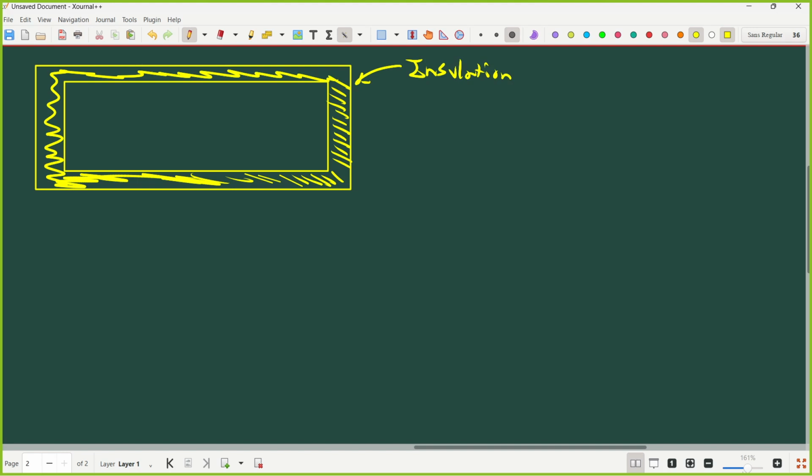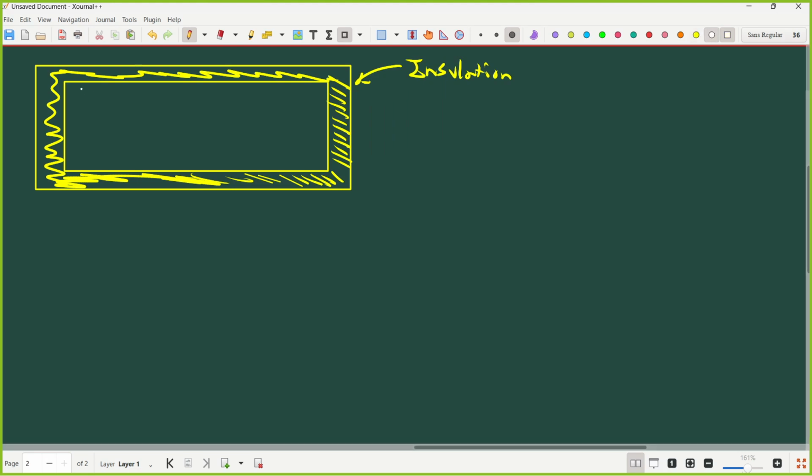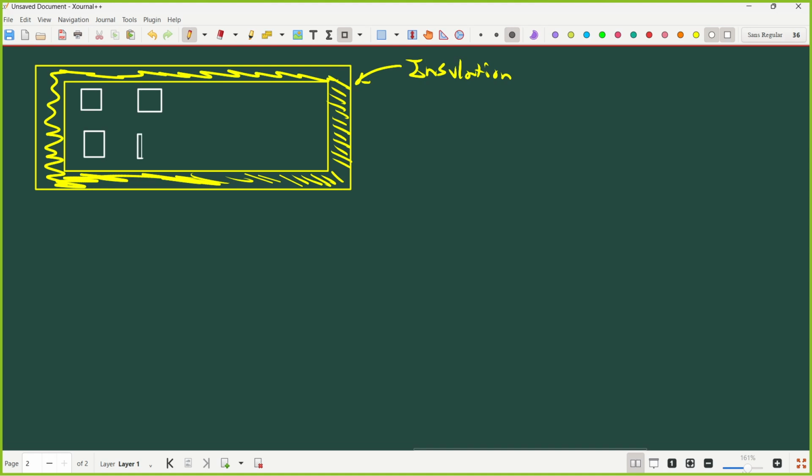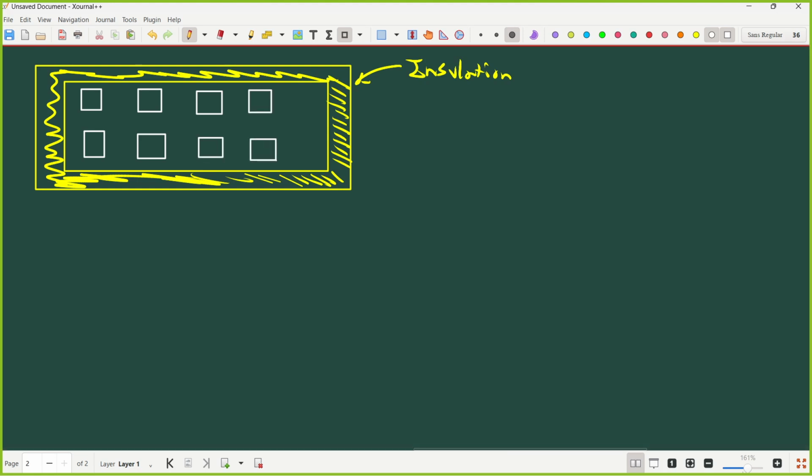So we have a nice little protective layer, and inside of this box, I'm going to draw a bunch of smaller boxes. I'm just going to draw a couple. We can draw as many as you want. The number is irrelevant. You can draw 4, you can draw 10.